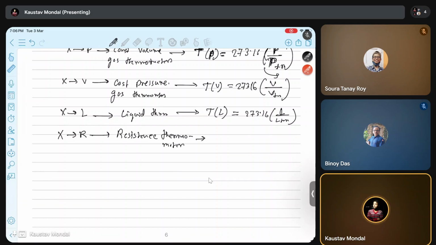In that case, R would be R0 times (1 + alpha T + beta T squared). So there are basically two constants involved, which dictate how the resistivity of that particular material will change with temperature.